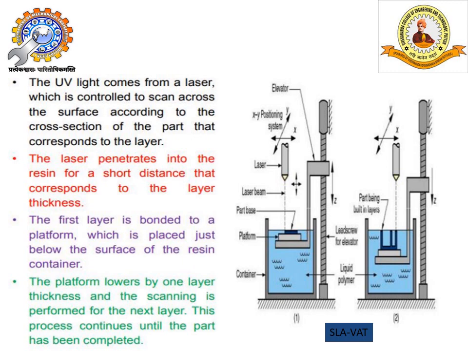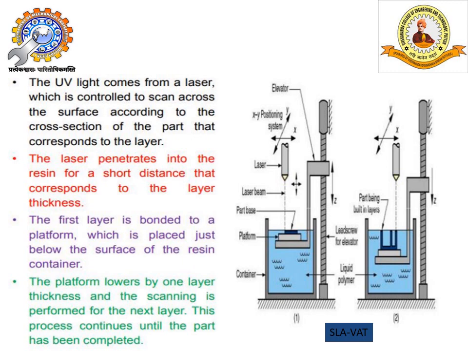Thus it can control the lead screw elevator, and based on the requirement the lead screw lowering can be controlled with the thickness of the layer to be cured by the laser. The laser penetrates into the resin for a short distance that corresponds to the layer thickness. So we have a function called layer thickness configuration, and every product can be configured with its layer thickness.